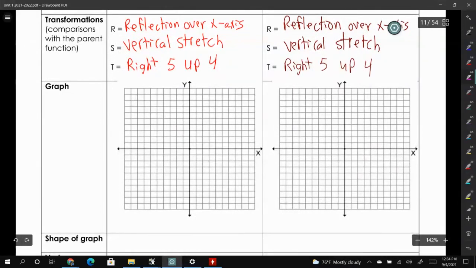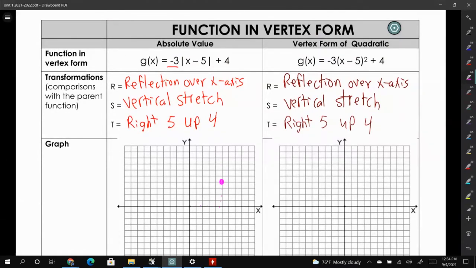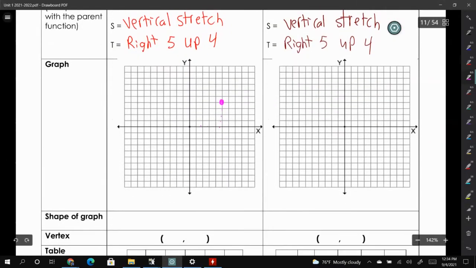So we'll graph the absolute value function first. 1, 2, 3, 4, 5, and up 4. And our slope here is -3. So we'll go down 3. 1, 2, 3 over 1. And our graph looks like that.